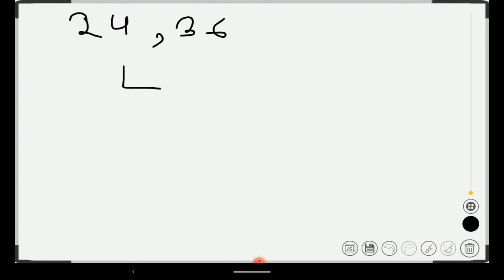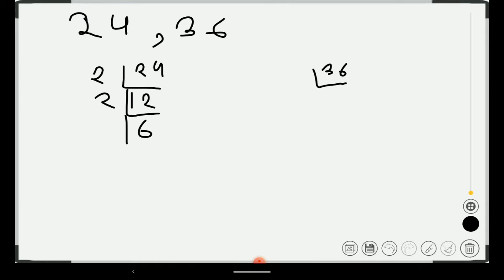Now, draw two L's like this. Write 24 here and write 36 here. Now, prime factorize 24 and 36. So 2 12, 2 6 and 2 3, and 3 1. This is also a type of prime factorization only.